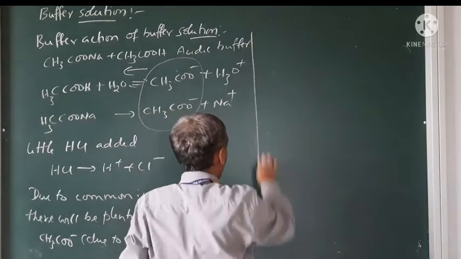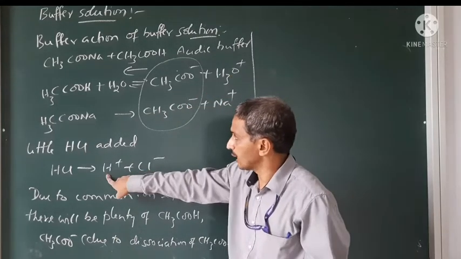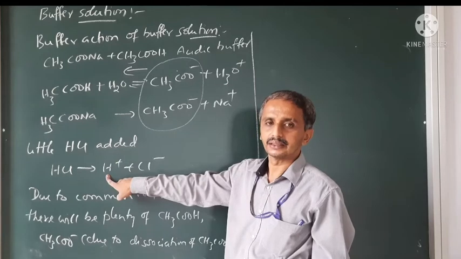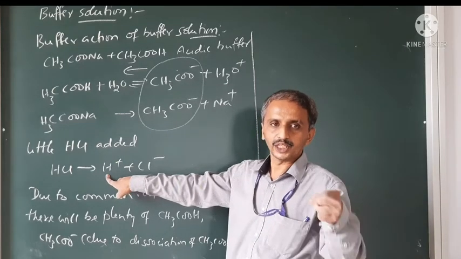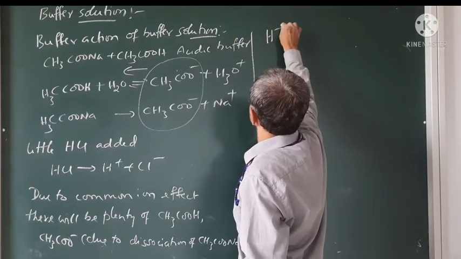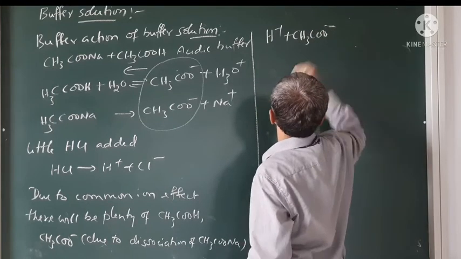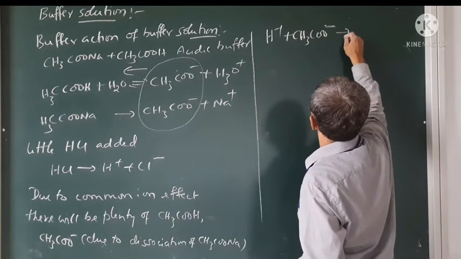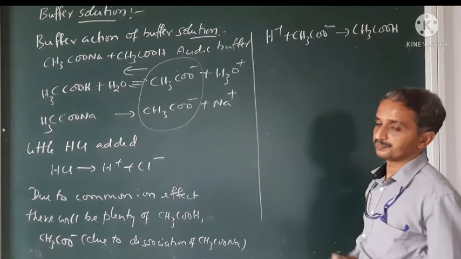Now, what do I do now? See, H+ is an acid. H+ gives the acid strength. So H+ will react with the plenty of CH3COO- present in the solution to give CH3COOH. I repeat.